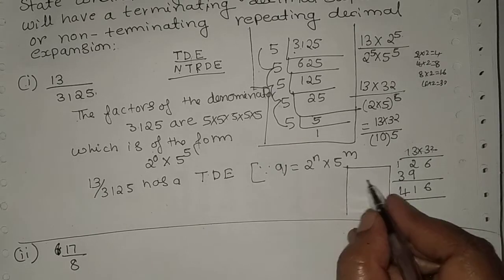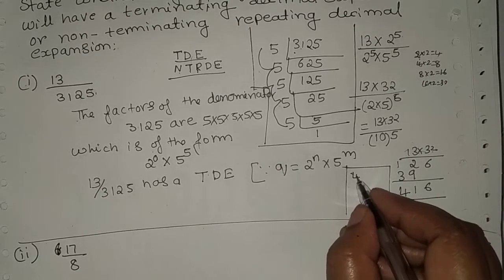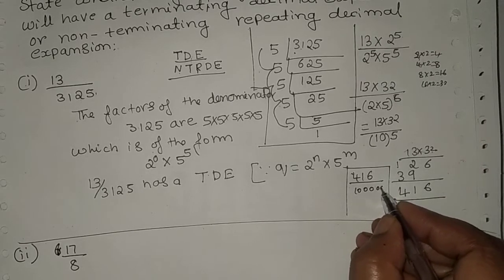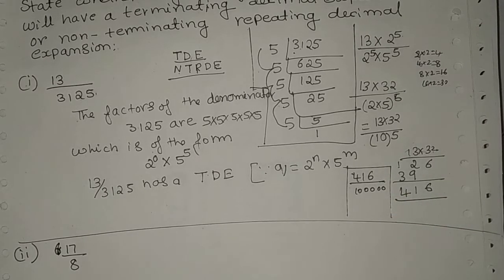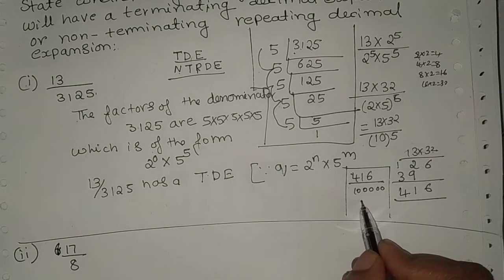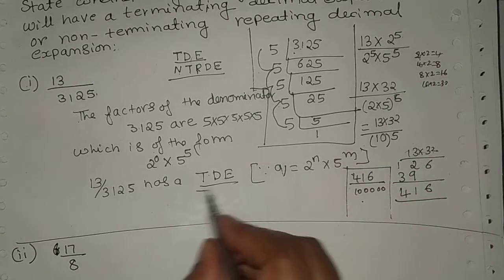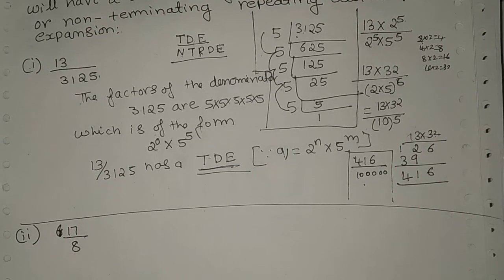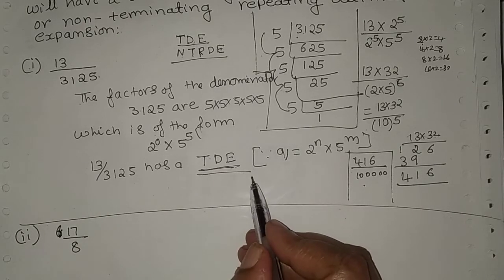Finally, 416 by 10 to the power of 5. So divide this and keep the answer, but the final answer is TDE. This is the solution for the first question.